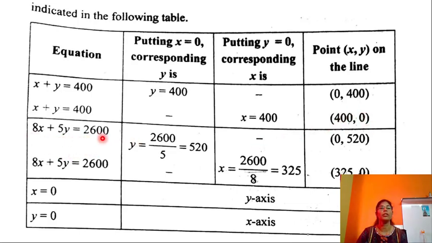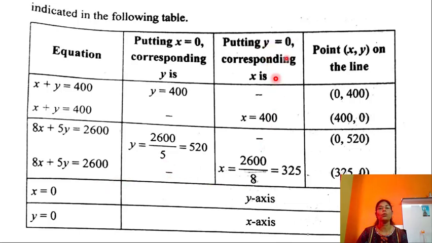Similarly, for the second equation, when x is 0, y is equal to 2600 divided by 5, which is 520. So x is 0, y is 520.